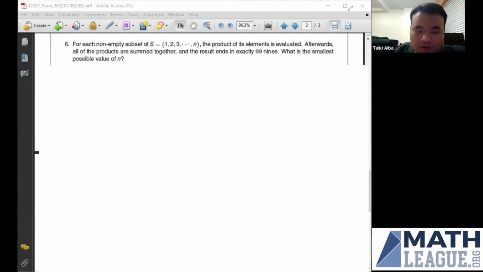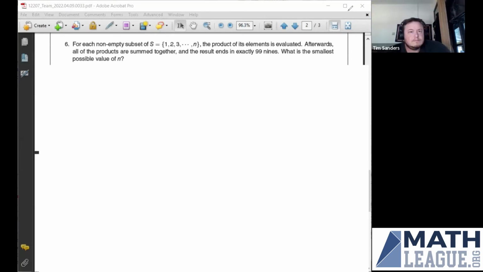I think, may or may not work, but I think you can write the sum of the products as like 1 plus 1 times 1 plus 2 times 1 plus 3, etc., to 1 plus n. But that's because for each subset, you can choose to have the element in it or not have it in it.